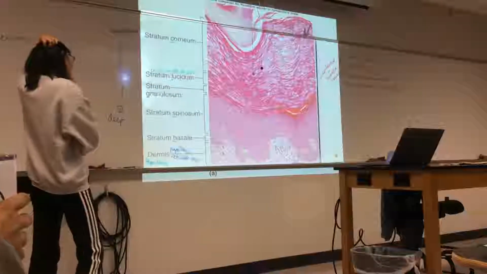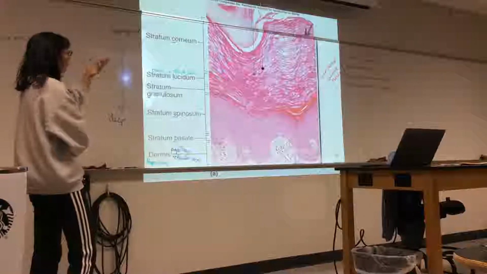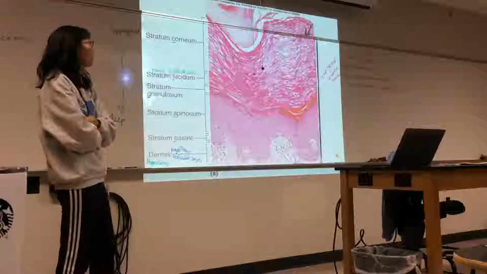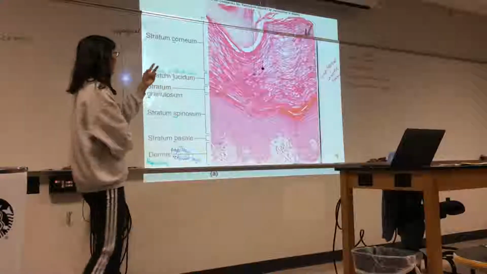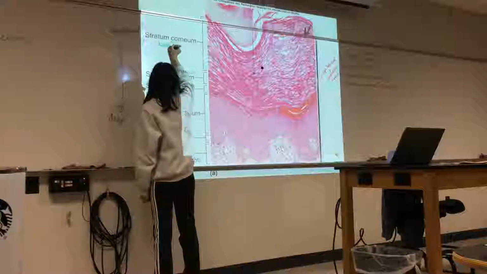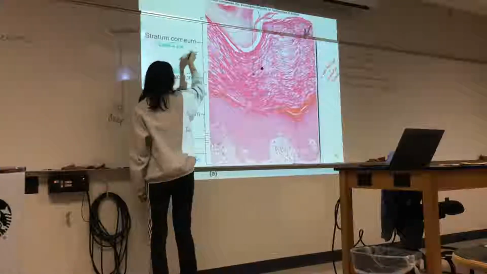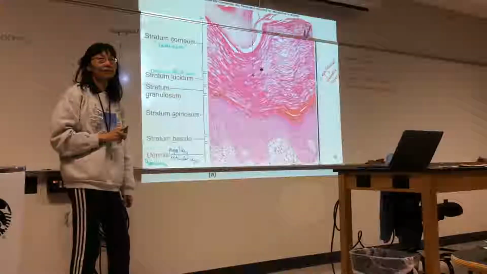So only in thick skin. And then the rest of the keratin, the corneum, is the keratin layer. Keratinized is the corneum layer. Okay?